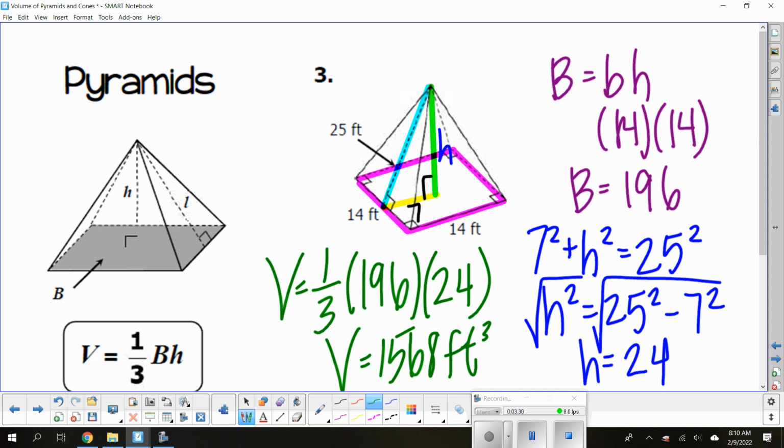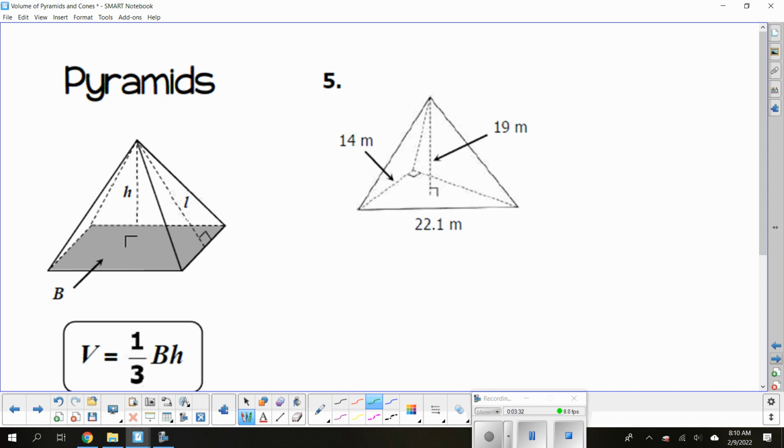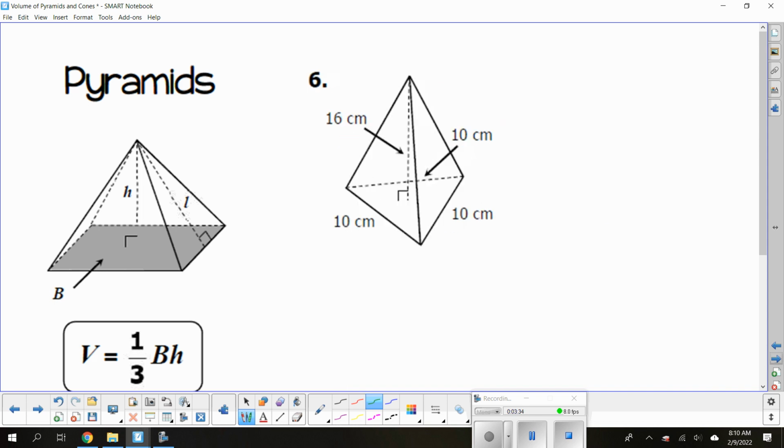Let's look at number 5. Oh no, 6. My base shape on number 6 is a triangle, a triangular pyramid, and specifically it is an equilateral triangle, which means I don't have any right angles in it. So I can't find my area of the base right now. The area of the base would be 1/2 base times height, but remember those need to be perpendicular. I have nothing perpendicular.